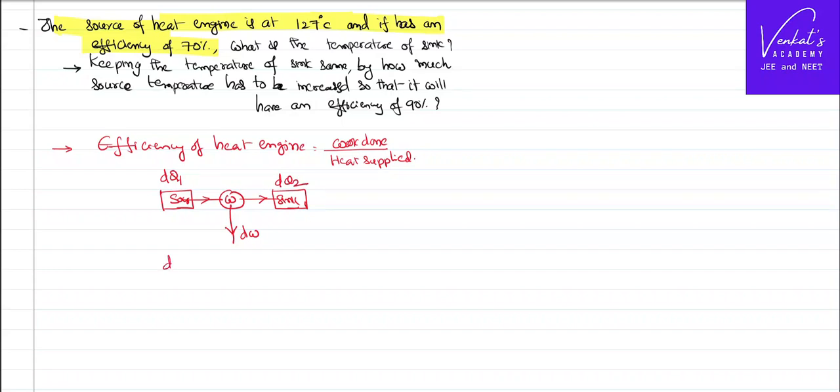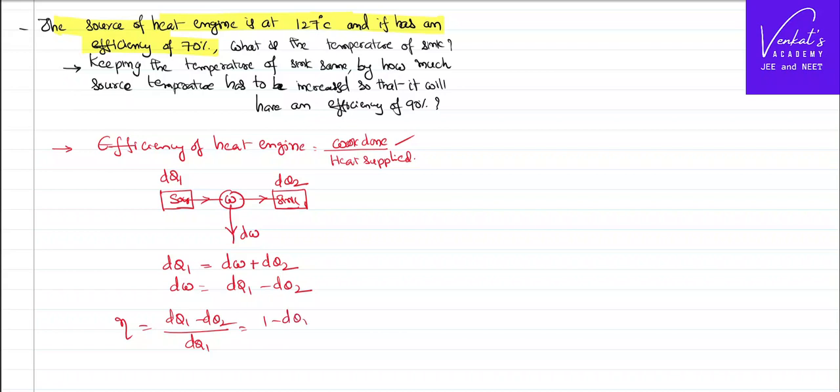As per the conservation of energy, total heat from the source can be written as work done plus heat energy rejected to the sink. So dW can be written as dQ1 minus dQ2. Efficiency, as I have said, is work done, that is dQ1 minus dQ2, by heat supplied, dQ1.